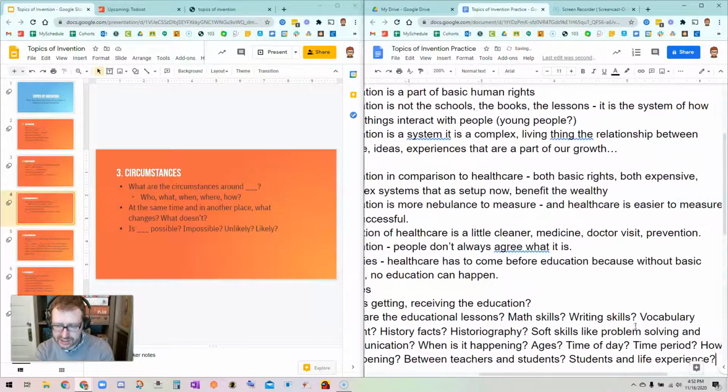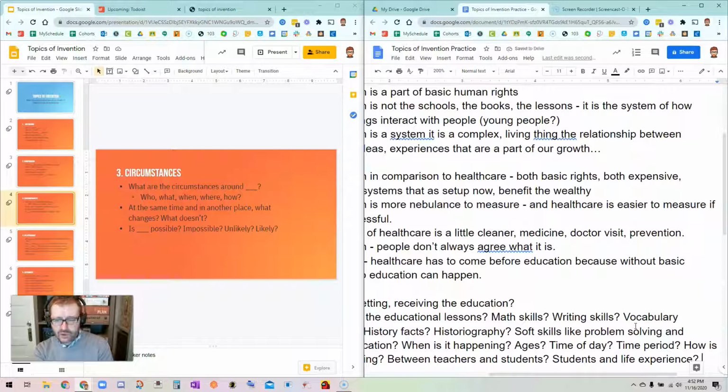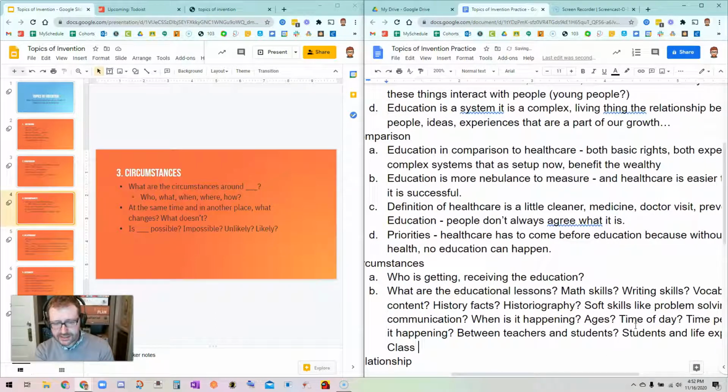Is that education? Class sizes, demographics of students. When you say, as an 11th grader at Egan High School, you say in education, you probably imagine yourself sitting in a classroom at Egan High School getting your education. But the circumstances around education are so complicated that it doesn't necessarily mean that for everyone.